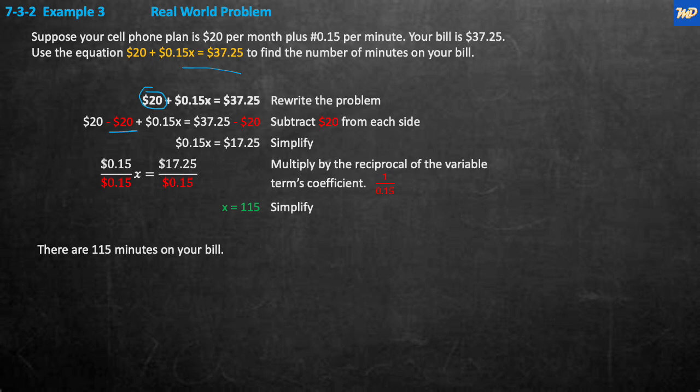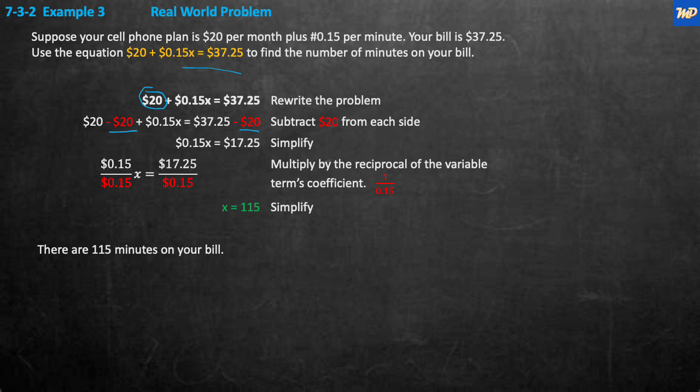So when we balance that out, we're going to get $0.15 times the number of minutes is equal to $17.25, because we had $37.25 and we subtracted 20 from it.